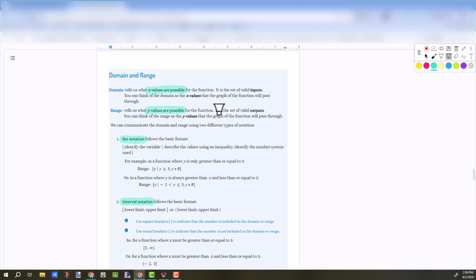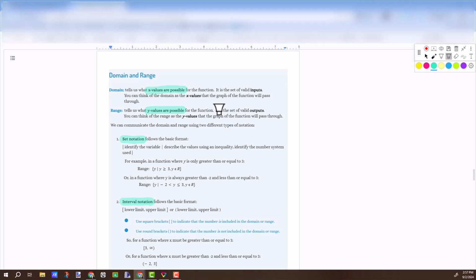When we write things that are not in the correct mathematical format, it could potentially mean something different. And so we want to be clear in our communication and make sure that we're writing it in either set notation or interval notation.